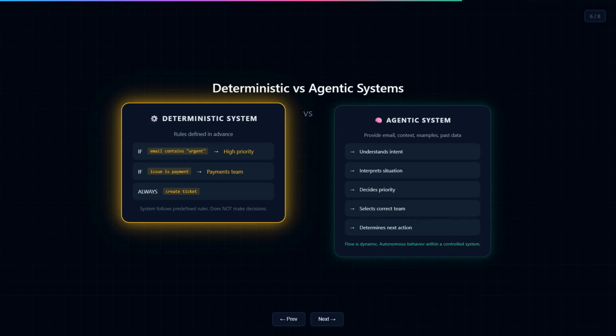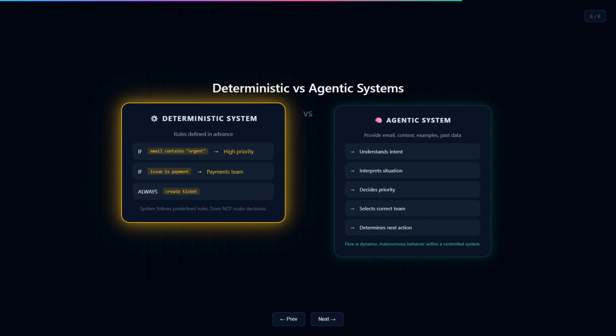That system simply follows predefined rules. It does not make any decisions on top of it. This is called deterministic behavior because we are predefining all the rules inside the code. And it's not actually bad, and a lot of systems require these predefined rules, especially when you're dealing with payments and policy-centric systems that need to follow deterministic behavior.